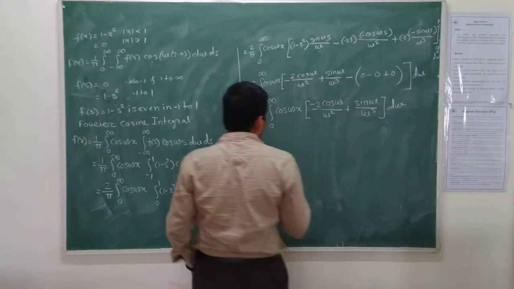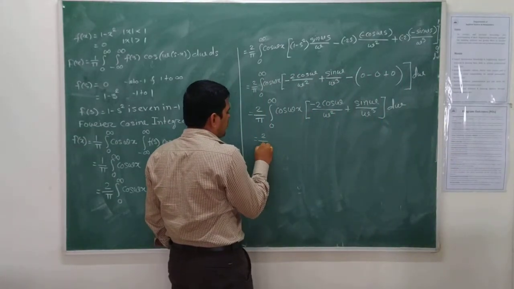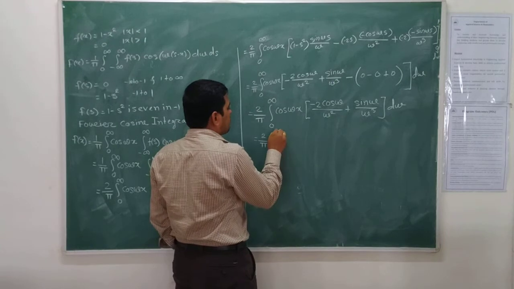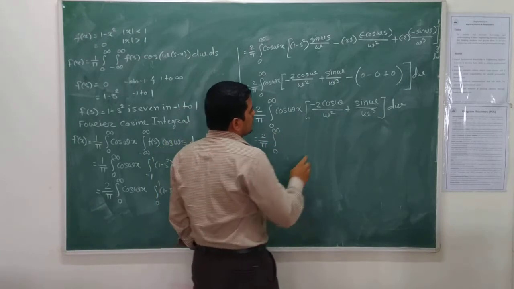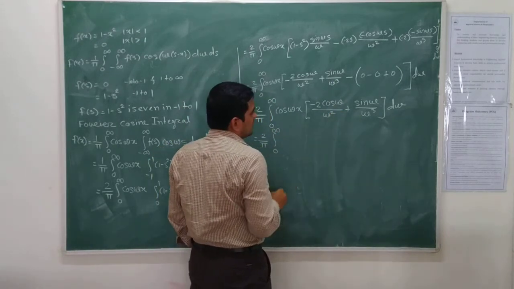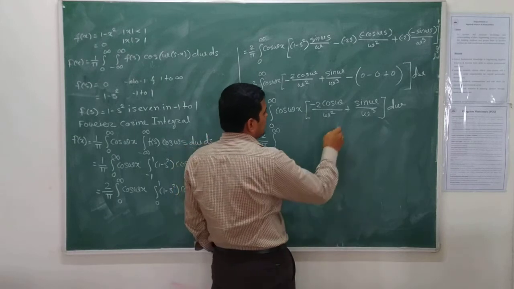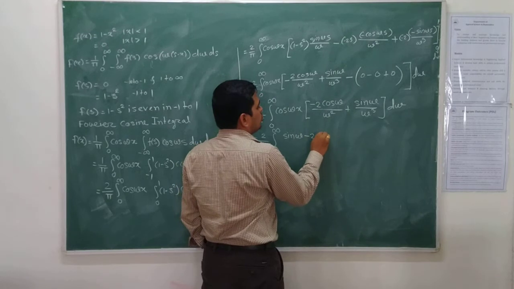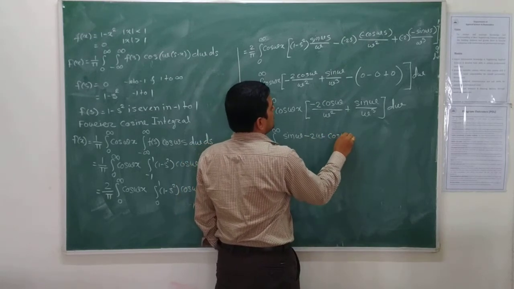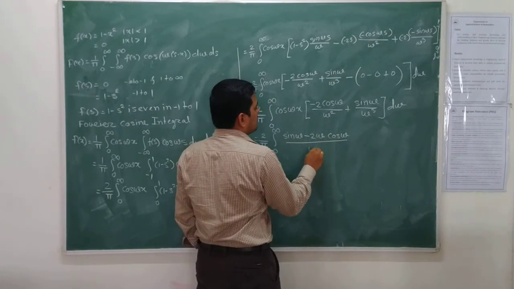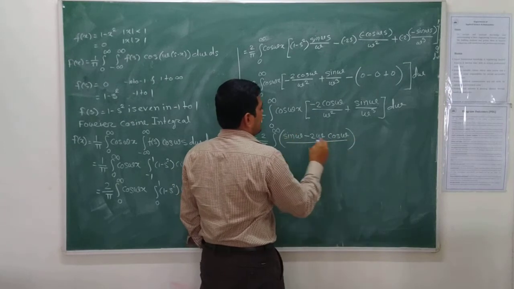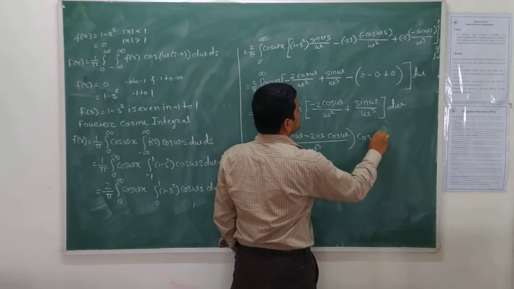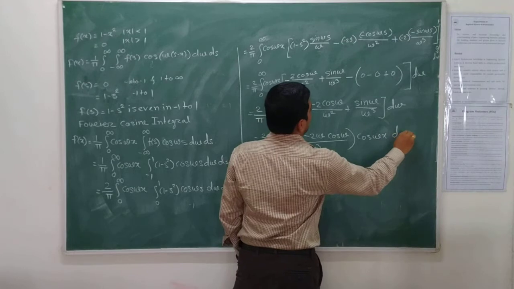Now we simplify the terms as 2 upon pi, integration from 0 to infinity, by making the denominator common, that is omega cube: sin omega minus 2 omega into cos omega, divided by omega cube, into cos omega x into d omega.